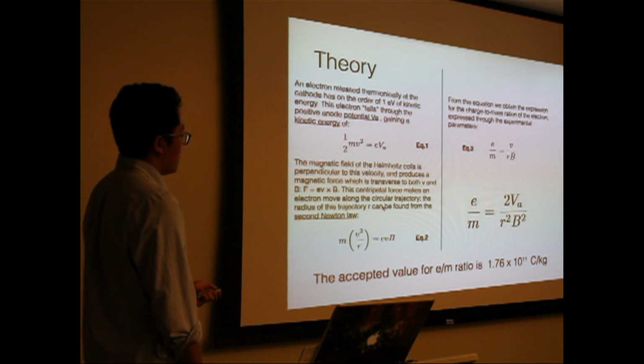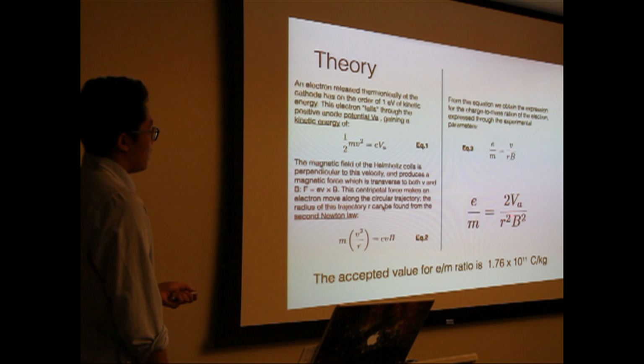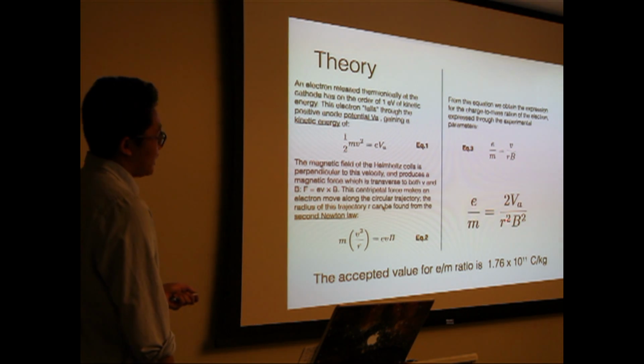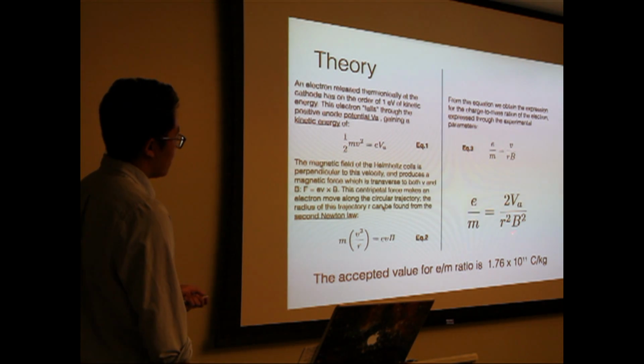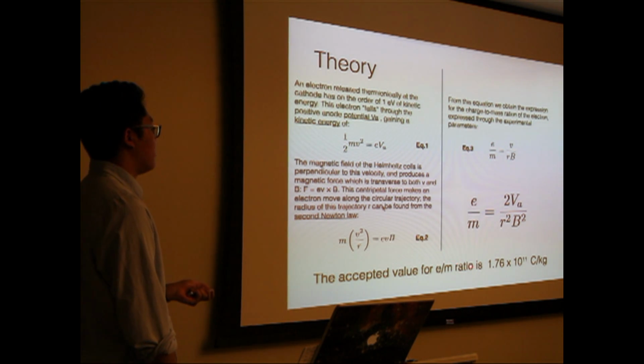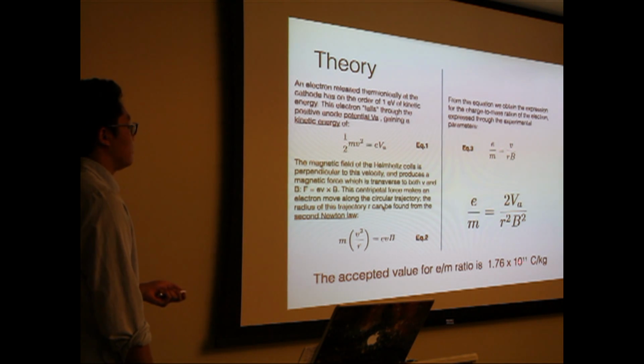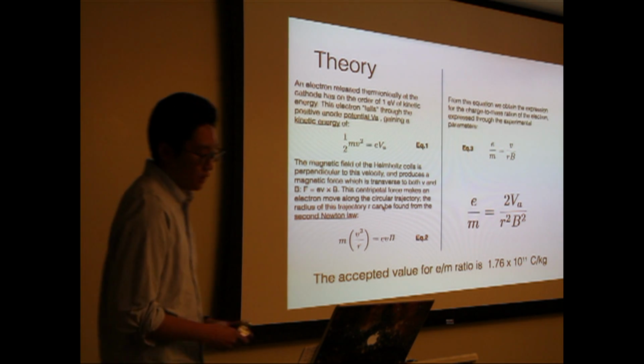Notice that this equation involves the acceleration voltage on top, and also the radius of the light emission ring and the magnetic field. The accepted value for the e over m ratio, as I mentioned earlier, is 1.76 times 10 to the 11th coulomb per kilogram.